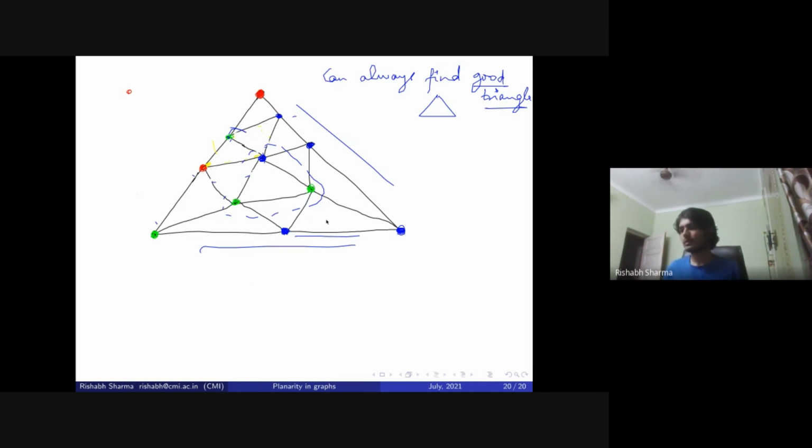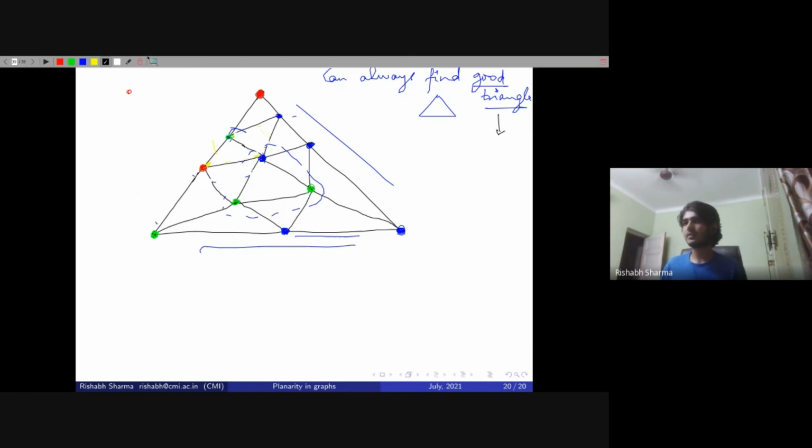So you see that this is a planar graph, right? This in itself is a planar graph. I can take its dual as it is, but I will do it in such a way that finding a good triangle condition becomes more accessible. Okay, what do I mean?